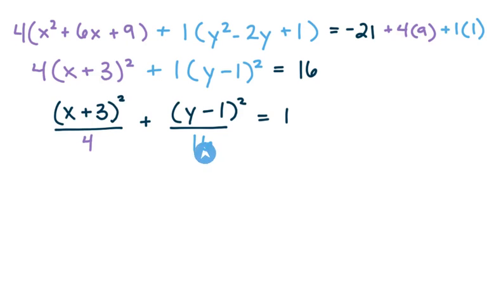I personally like to write one extra step, but you should be able to tell at this point we are dealing with a vertical oriented ellipse. So that means my major axis is vertical, and I know that because the larger number is under y. Now, if you recall from our standard form, both these values in the denominator were a squared or b squared.